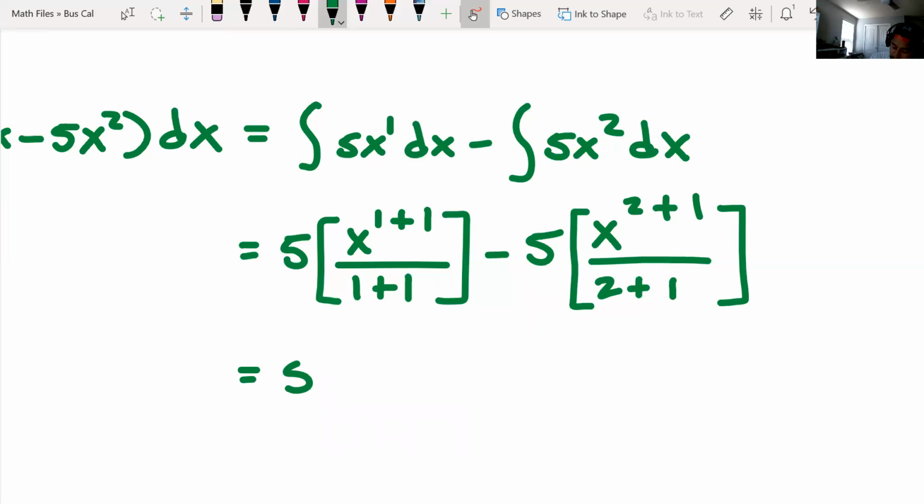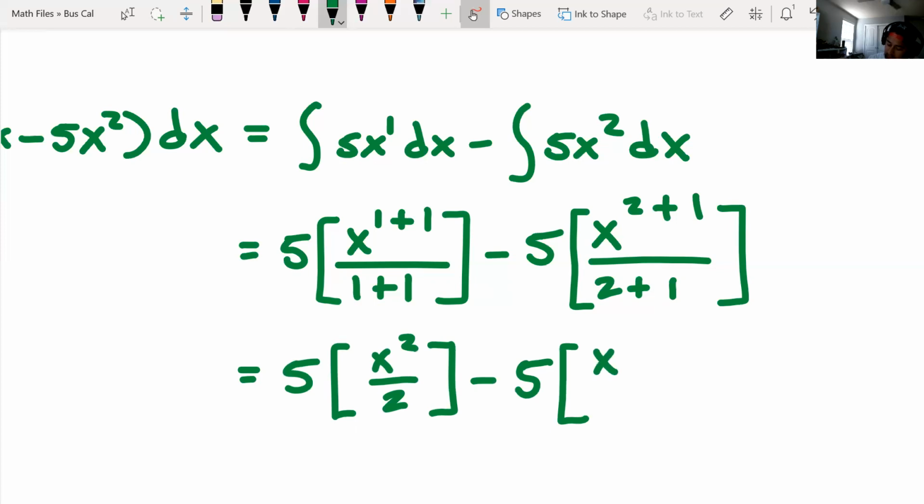Here, you'll get 5 times x squared over 2 minus 5 times x cubed over 3.